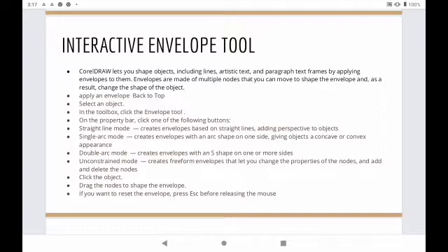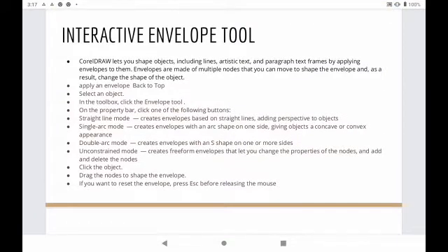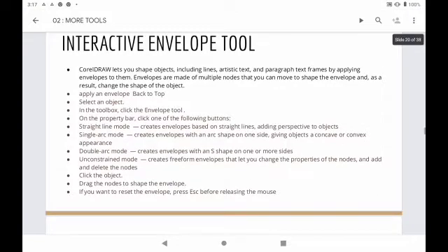Straight line mode creates envelopes based on straight lines, adding perspective to objects. Single arc mode creates envelopes with an arc shape on one side, giving objects a concave or convex appearance. Double arc mode creates envelopes with an S shape on one or more sides.